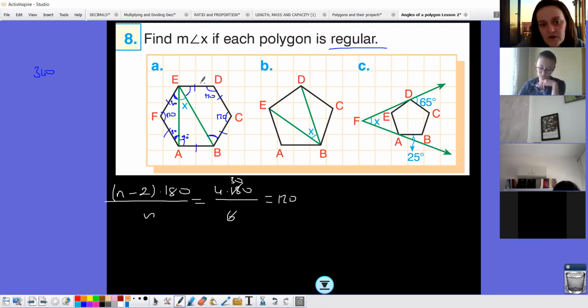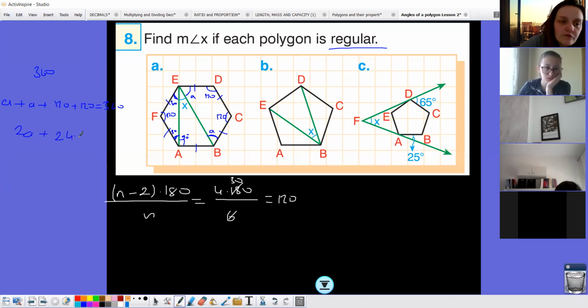If the sides are the same, these angles will be the same. Look, because these are the same and these angles are the same. Now let's say this is A and this one is A. So I have A plus A plus 120 plus 120 is equal to 360. So 2A plus 240 is equal to 360.